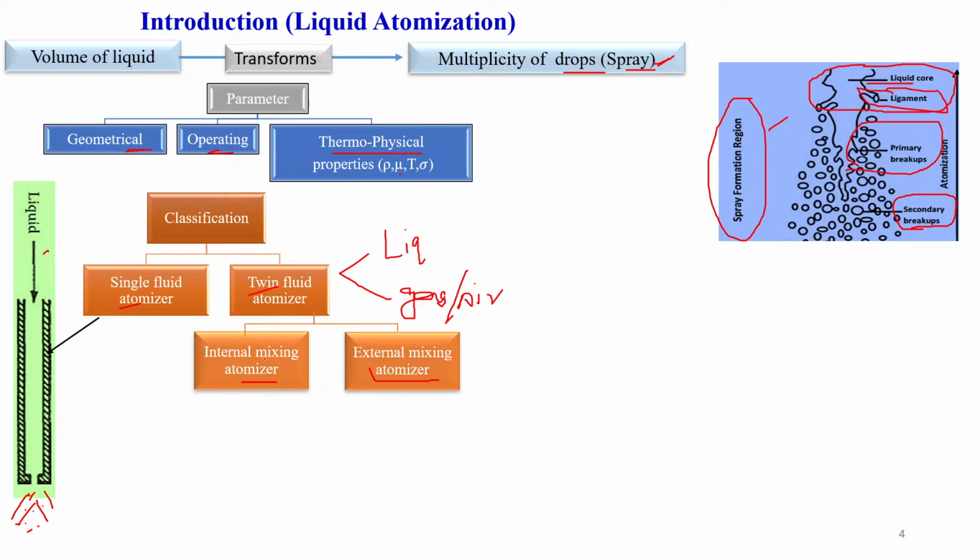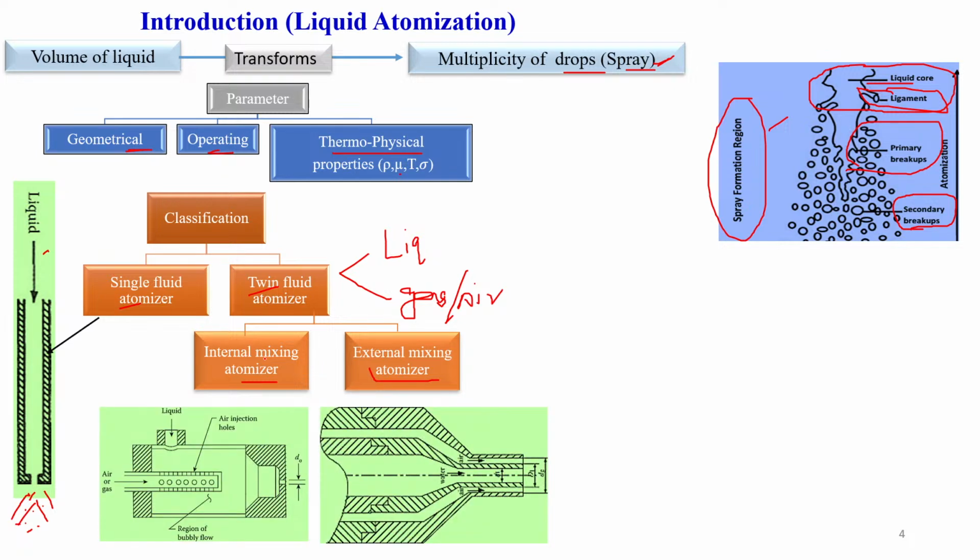Then I would like to show another type of injector, the internal mixing injector. Here we can see gas or air coming in, and this is the entire geometry of the injector. This is the gas and this is the liquid. Both mix inside the injector itself, and it creates the final spray outside the injector.